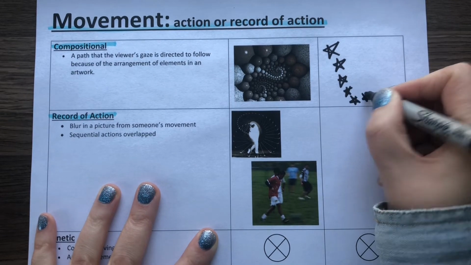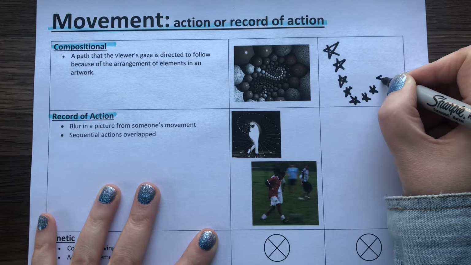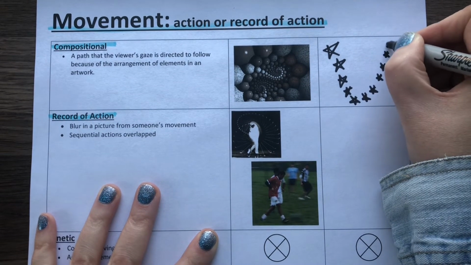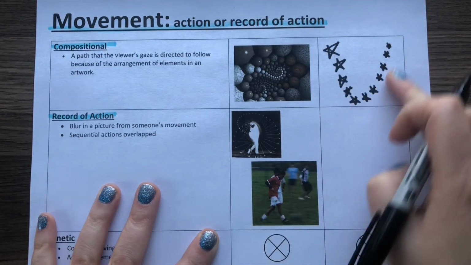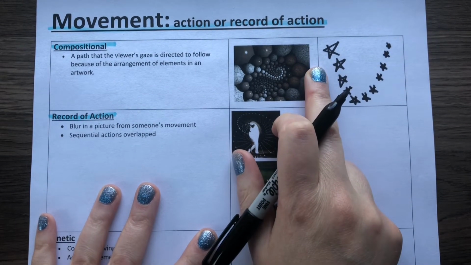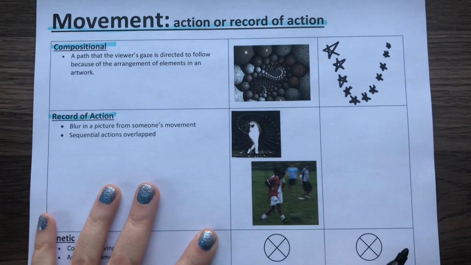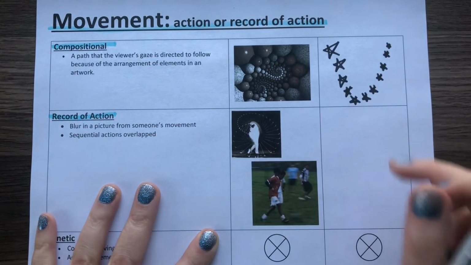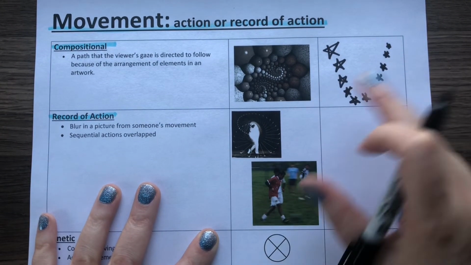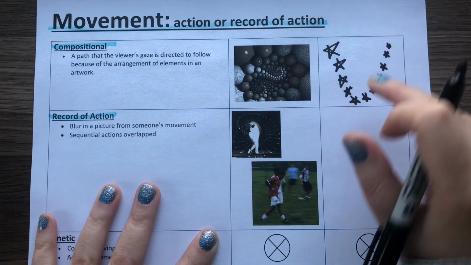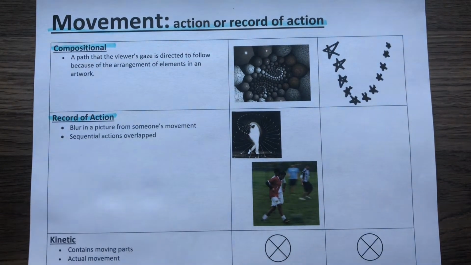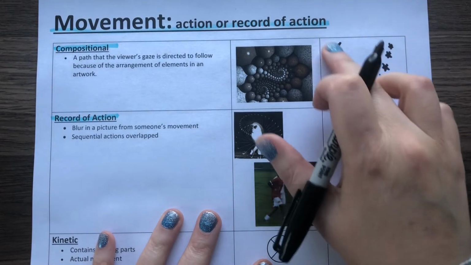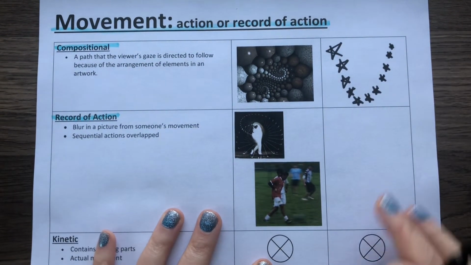And I'm going to have them lead your eye through this area. Because it gets bigger and smaller, usually your eye starts with something bigger and then it follows on to the smaller thing as long as it's kind of a continuous line. So that's my example. Now I added a curve. You can have yours go straight. You can go from one corner to another. You can use whatever kind of shape you want. It's up to you, right? As long as it's showing that compositional movement where it's causing a viewer's eyes to move.